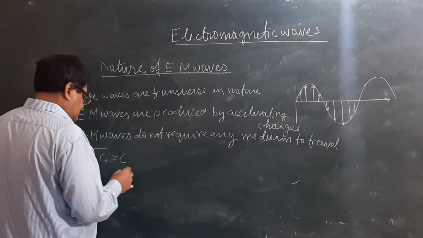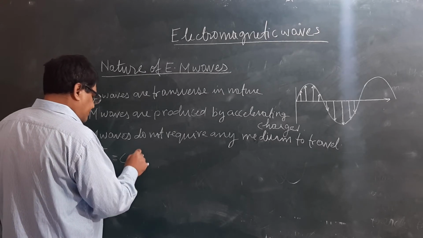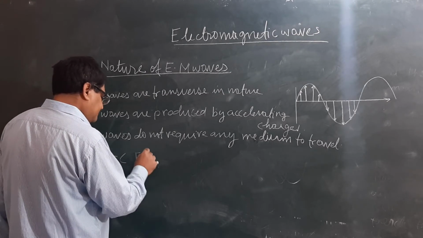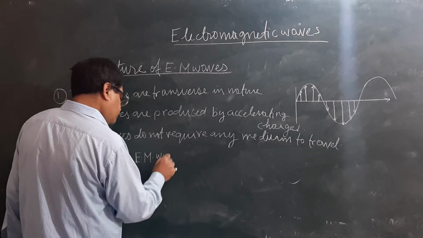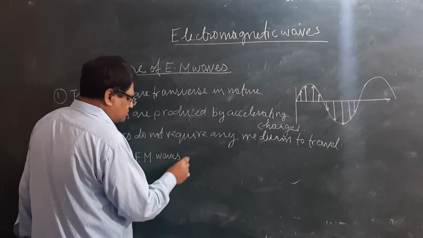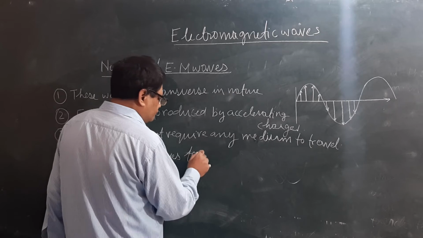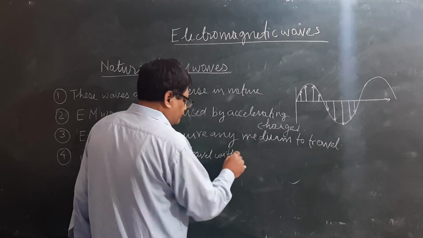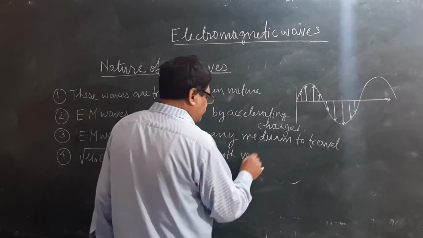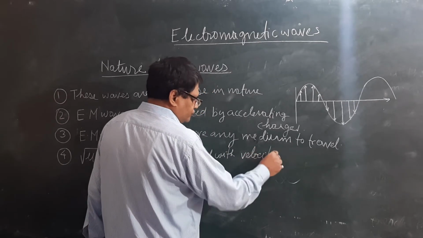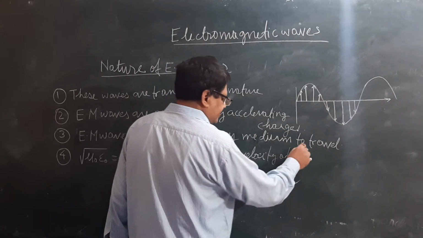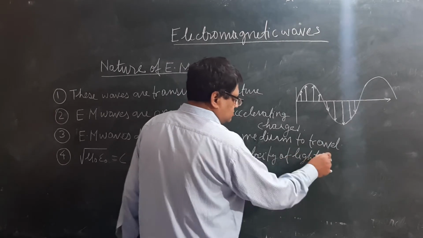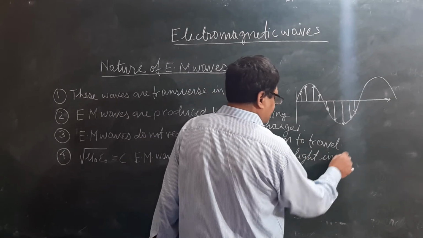And so we can write: electromagnetic waves travel with velocity of light in vacuum.